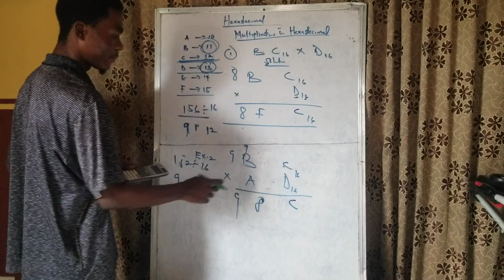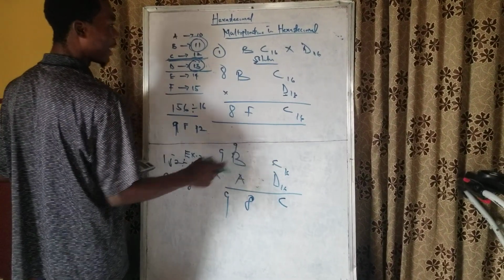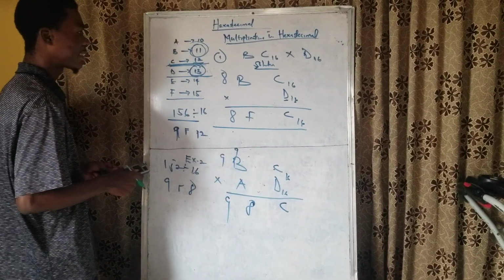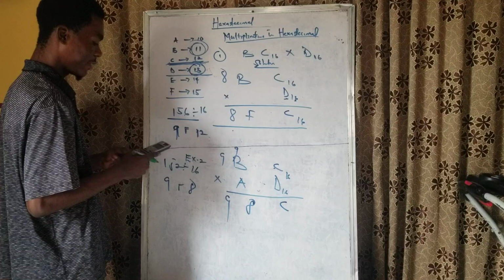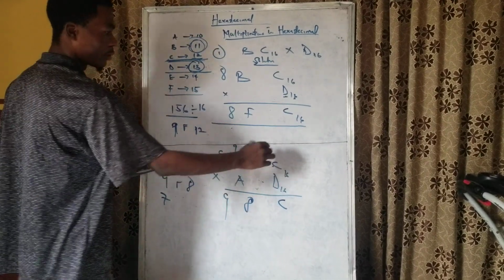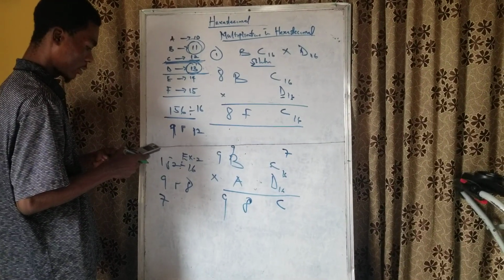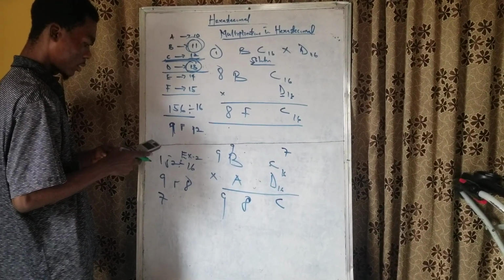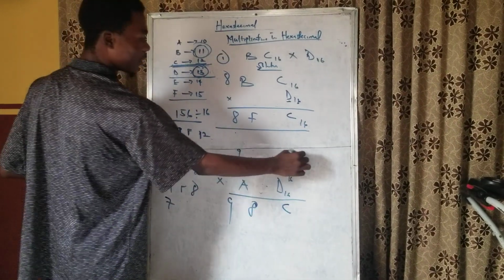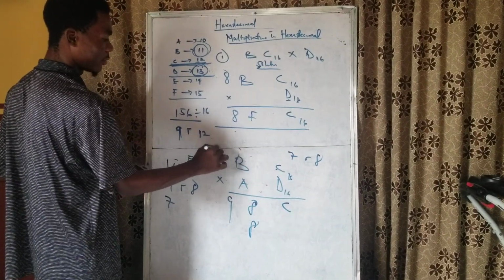Now let's move to this one. A, which is 10, multiplied by C. That's 10 times 12, which is 120. 120 divided by 16 is 7. 7 times 16 is 112. Then 120 minus 112 is 8. So 7 remainder 8. We write 8, we keep our 7.